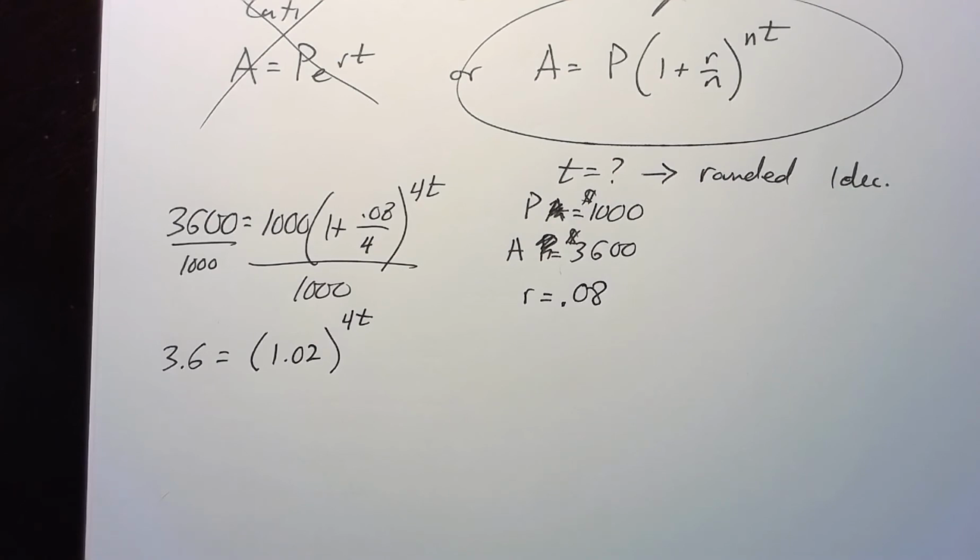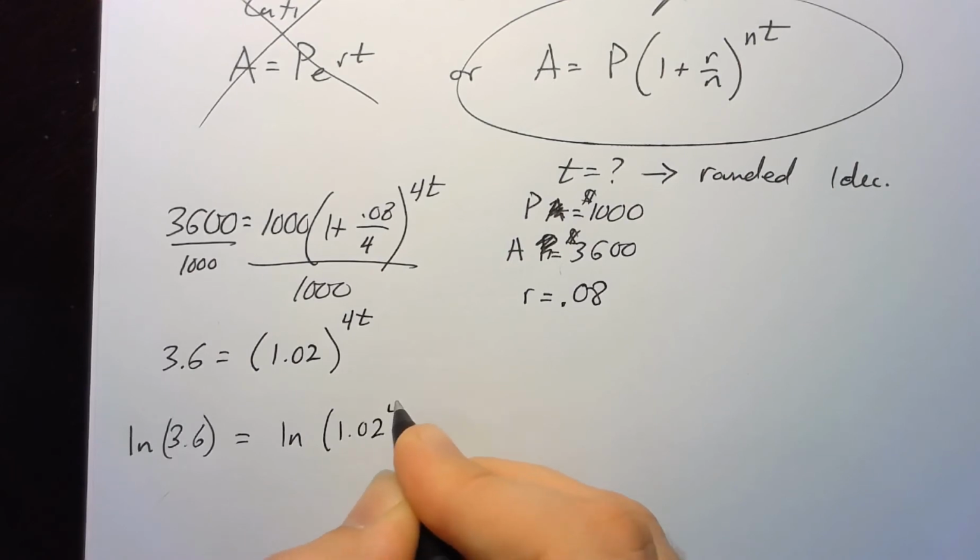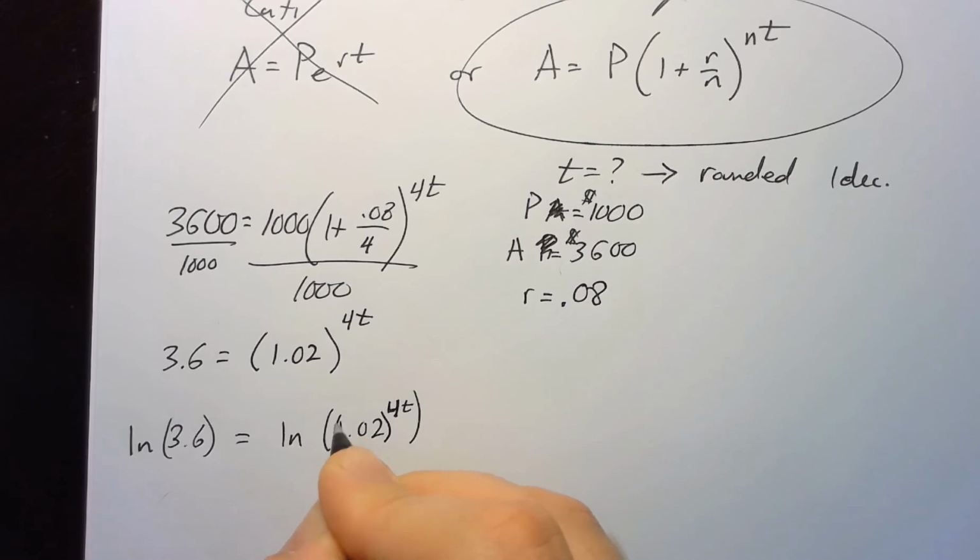So then the question is how do I manipulate this exponential equation to get 4t out of the exponent? Well, remember, there are 2 straightforward ways we can do this. The most appropriate way, I think, is simply taking the natural log of both sides. So the natural log of 3.6 and the natural log of 1.02 to the power of 4t, keeping in mind that that 4t is on the exponent of everything in there, which means that the power of 4t can pull down in front.